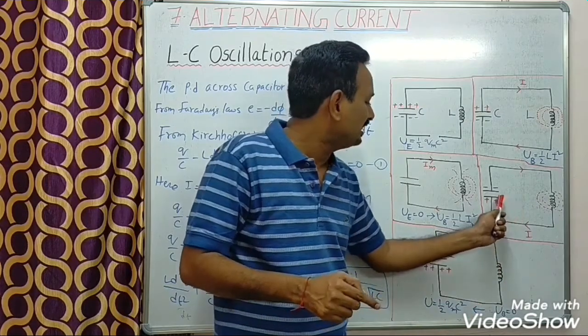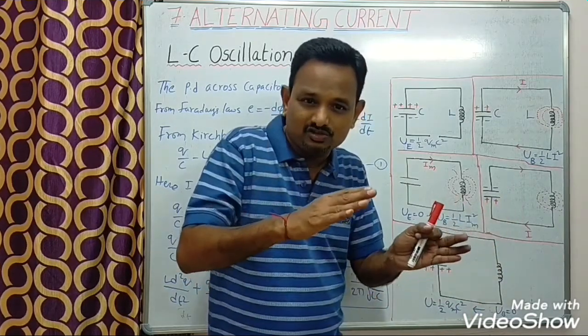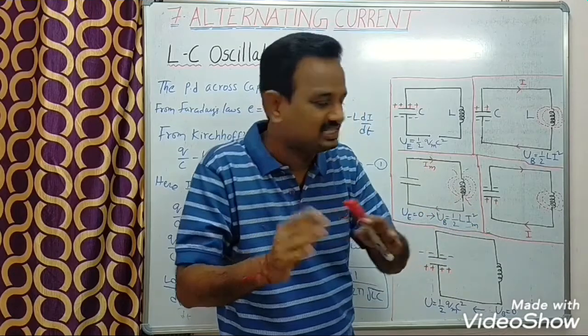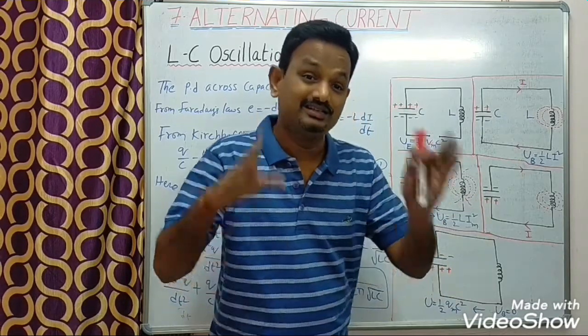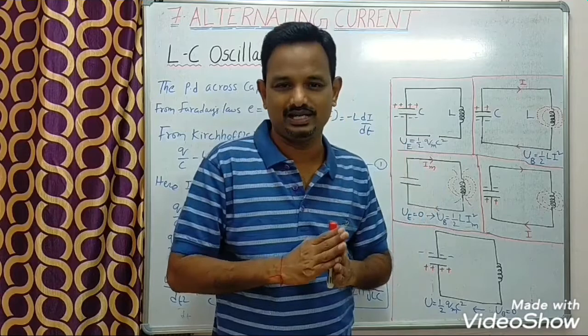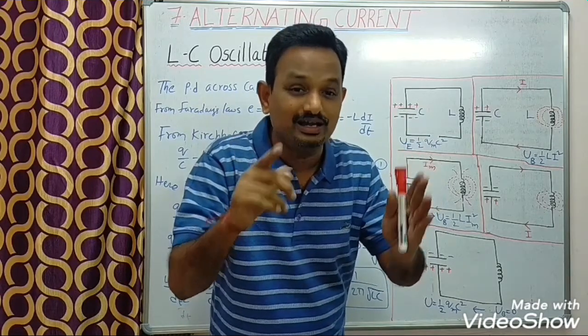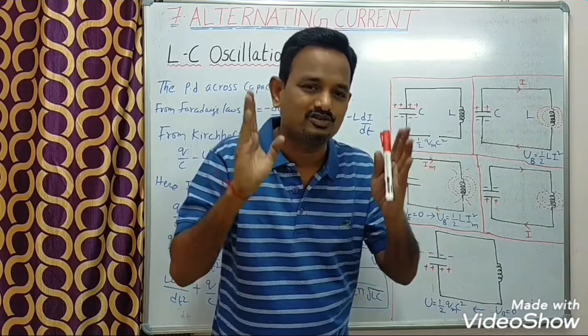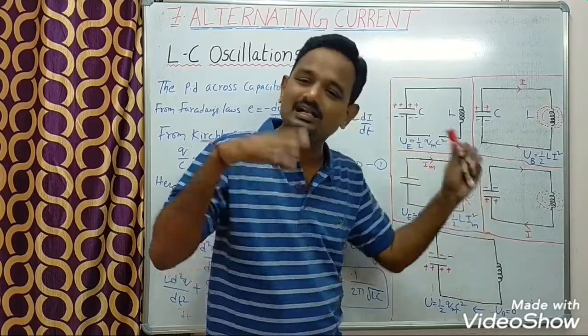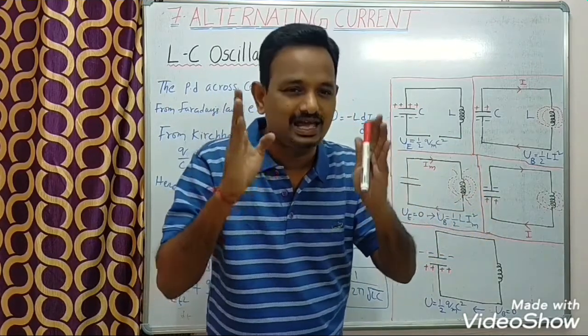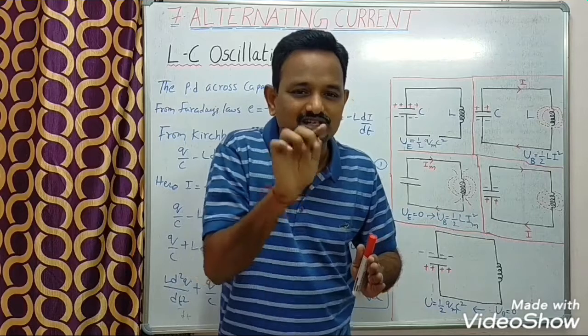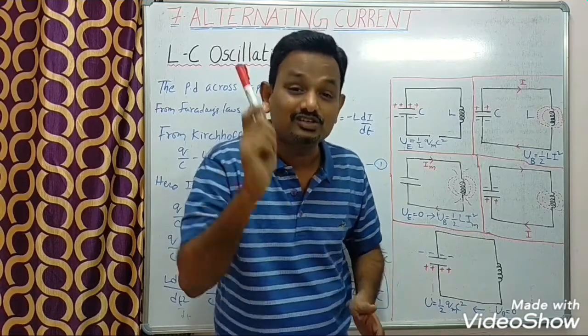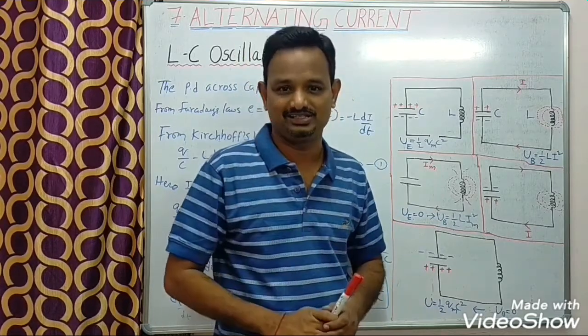So this process of charging and discharging is repeated between C and L. That is called LC oscillation. That means the process of charging and discharging is repeated between L and C. So energy will oscillate between L and C. Such oscillations are called LC oscillations.